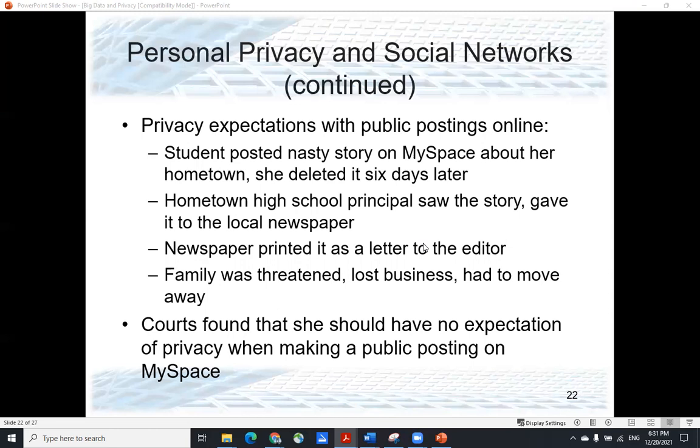The family of that student was threatened and lost business, and they had to move out. The courts found that she should not have an expectation of privacy when making a public posting on MySpace. So there is already a legal decision made about that, and you have to keep that in mind.